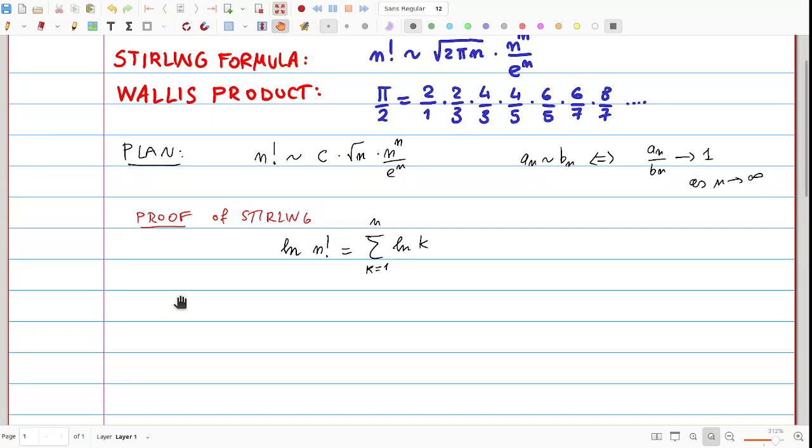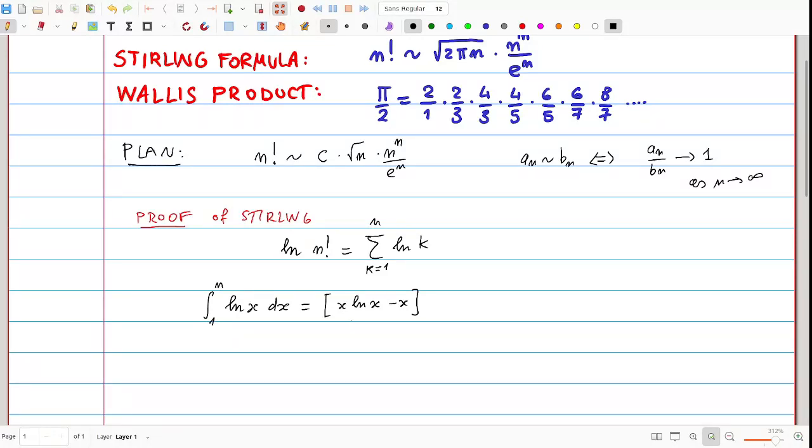So the idea is to consider this integral, the integral from 1 to n of the logarithm of x dx. This we can solve. We know that the antiderivative of the logarithm is x log x minus x.